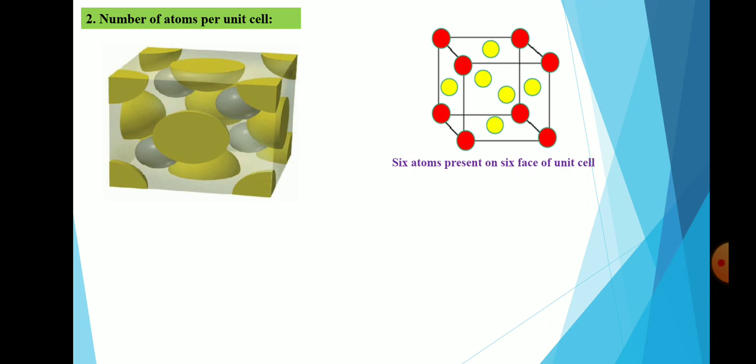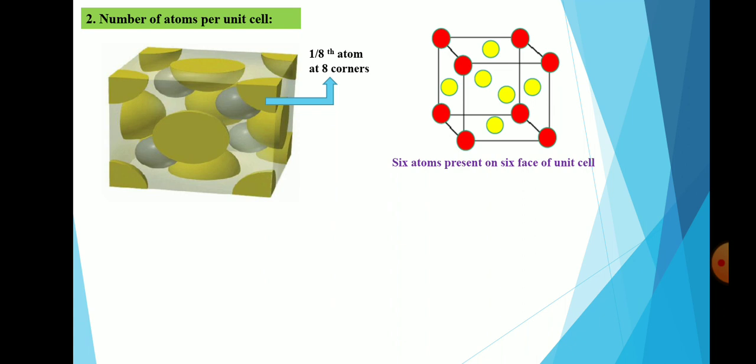The real picture is like this. So we have to just know this 8 corner atoms along with the atoms present on the face, how they contribute to the one unit cell we have to calculate.